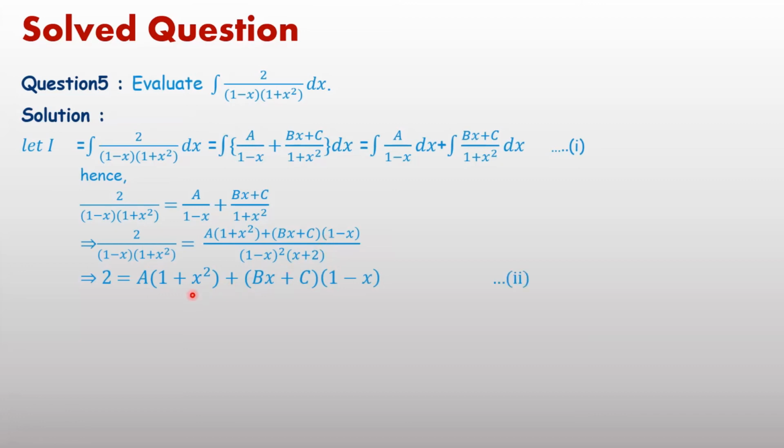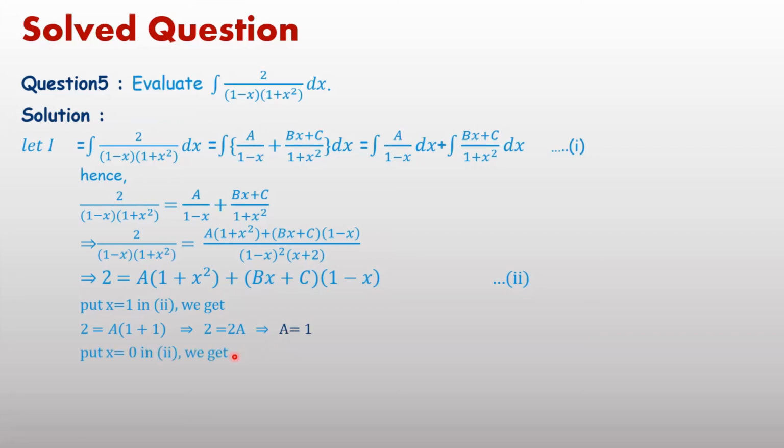Denominator cancel out and you are getting equation second. Now, if we put x equal to 1, this second whole term becomes 0 and we can find the value of A. Therefore, put x equal to 1, we will get 2 equal to A into (1 plus 1 square), 1 square means 1. 2 equal to 2A or A equal to 1.